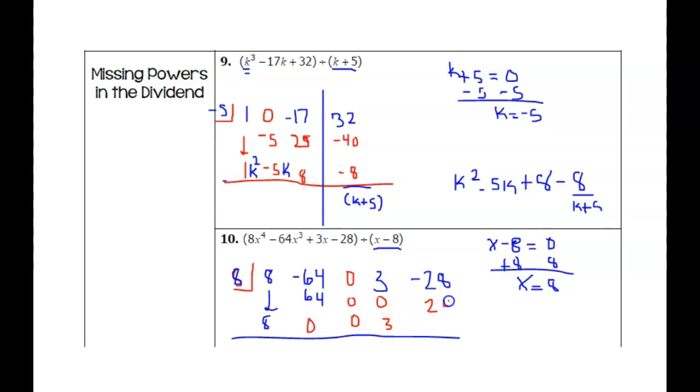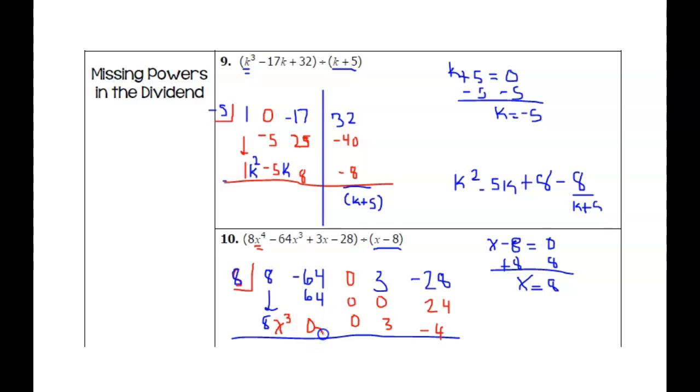And then I'm going to add, negative 28 plus 24 is a negative 4. And then I start dropping in my variables, but I start with a degree under what I started with. So I have an x to the 4th. That means I'm going to start with an x to the 3rd power.